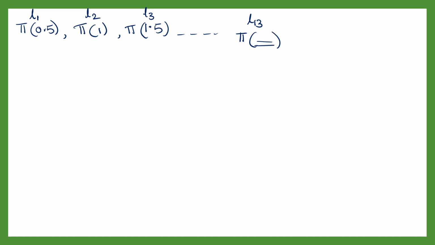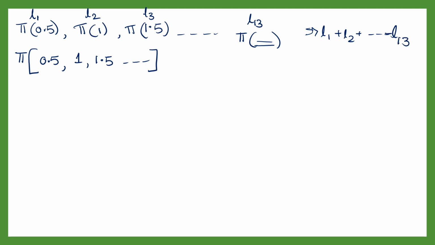Though we don't know the last term, we can find the total using the formula. Take pi as common, and we get the progression 0.5, 1, 1.5 and so on. We need to find the sum L1 plus L2 and so on till L13. First, let's find the sum of 0.5, 1 and so on, and then we'll multiply with pi.